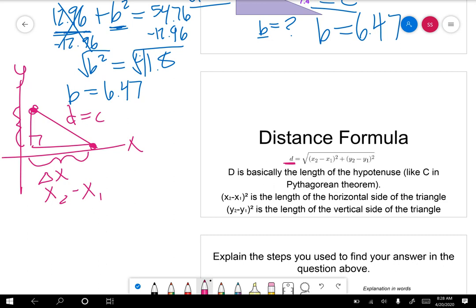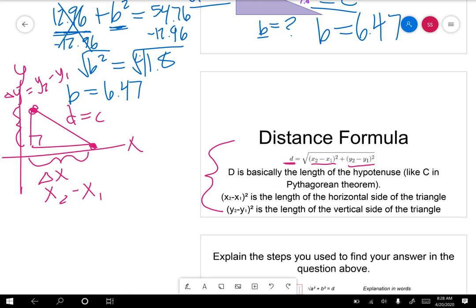Here we're just finding the change in y, which essentially is just the difference between the two y coordinates that we have. Okay, so that's where these come from, and I've gone over this at length in other videos, which is why this is kind of just a brief overview. But hopefully that reminds you what distance formula is.